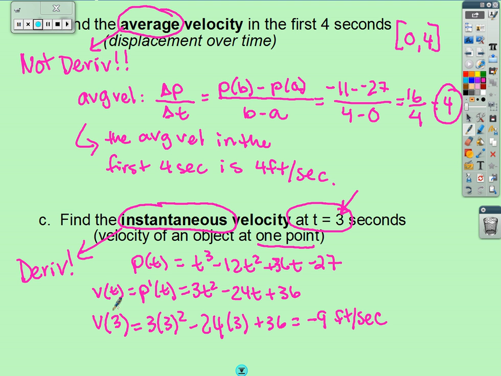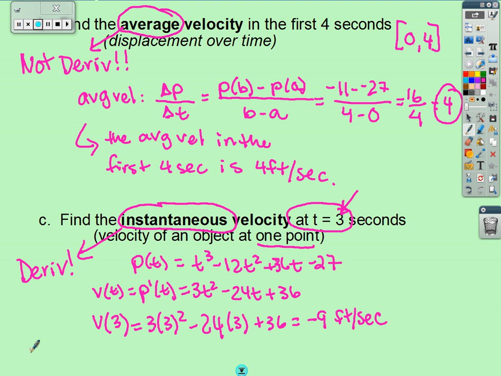Okay? So velocity has magnitude and direction. It's not a scalar value. So magnitude means that the value is 9. Direction is the negative. Okay?